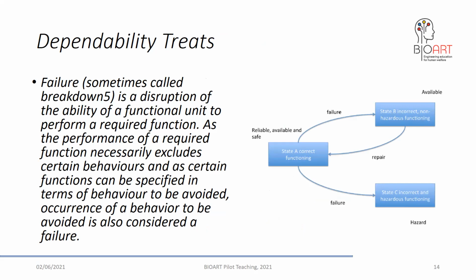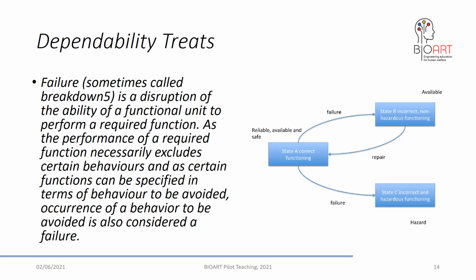Meanwhile, you can see from the chart that failure does not always bring the system to incorrect or hazardous functioning. When a failure appears in the system, the system could continue functioning, the system is still available, and you could manage with these failures.